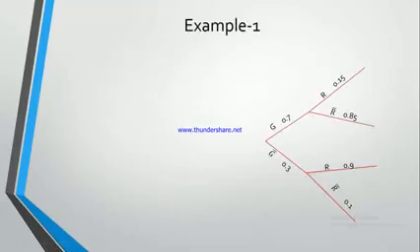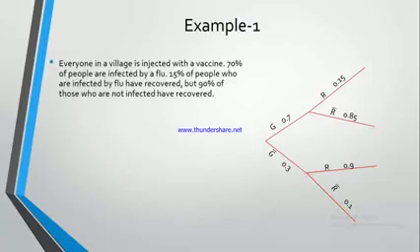And now we will solve an example to illustrate the conditional probability. So everyone in a village is injected with a vaccine, where 70% of people are infected by a flu. So we know that 15% of people who are infected by the flu have recovered, but 90% of those who are not infected have recovered.